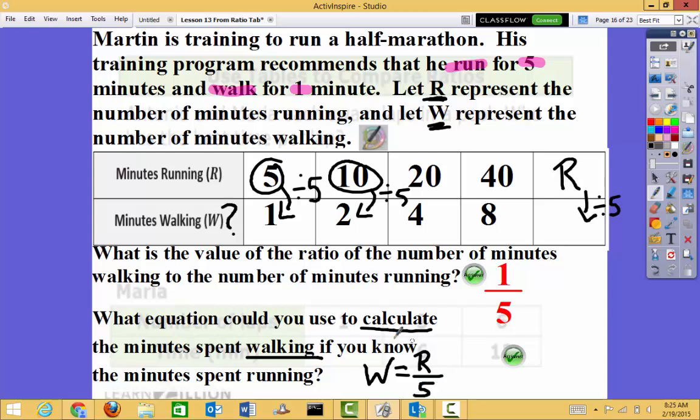So this is my equation. If I know how many minutes I spent running, I just plug that in, and it'll give me the answer out. So if it's 100 minutes running, I could put 100 in, divide by 5, and it will give me 20 minutes I would walk for Martin's training regime.